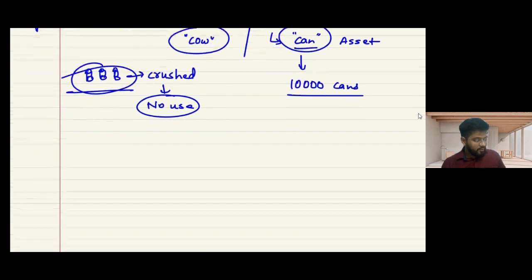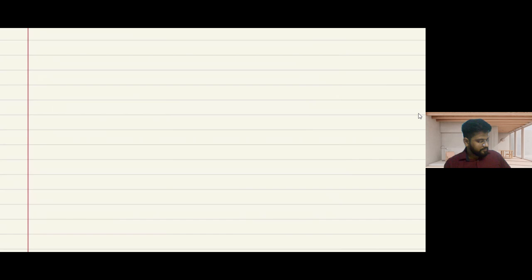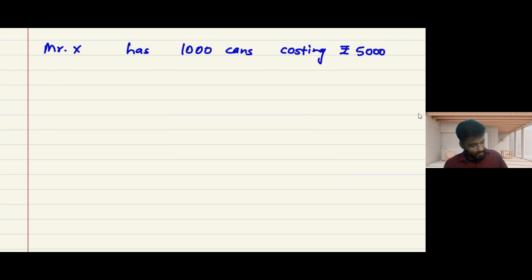Now, the question will give you the information. For example, Mr. X has 1000 cans costing rupees 5,000.